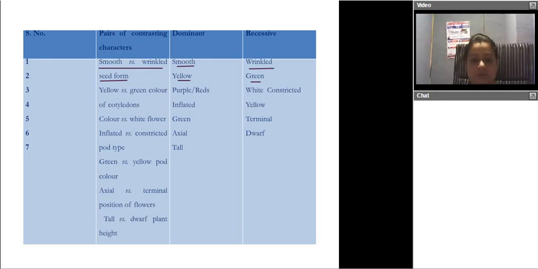The pods may be inflated or constricted. Dominant are the purple and red colors, and recessive is the white color. The pods may also be green or yellow. The flowers may also be present along the axis or along the ends, and the plants may be tall or dwarf.